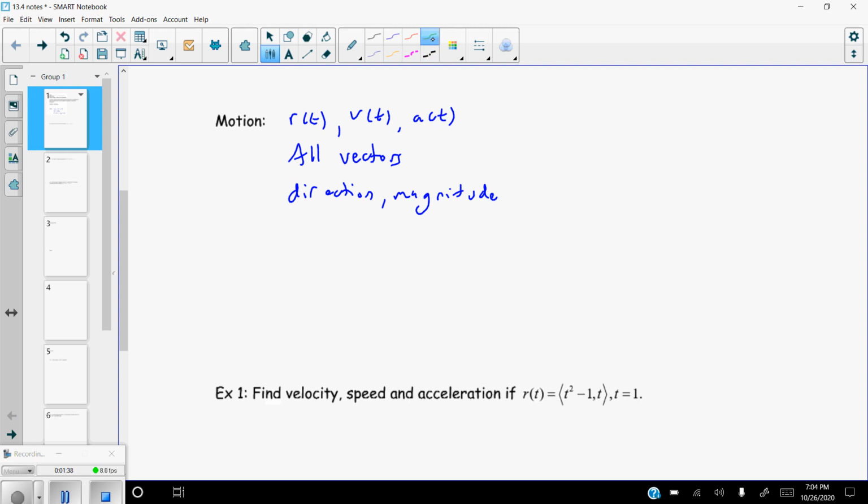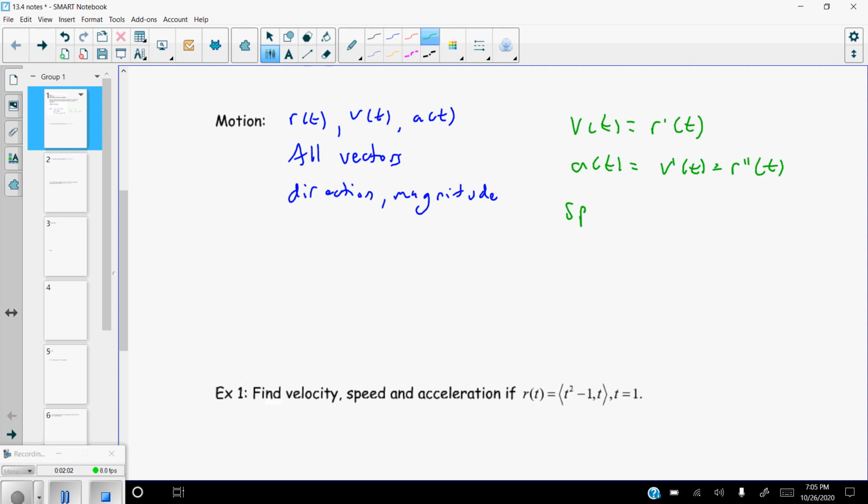The velocity is the derivative of position, how the position is changing. And the acceleration is the derivative of velocity, how the velocity is changing, or the second derivative of the position.